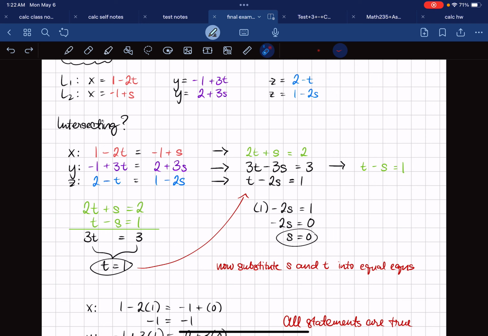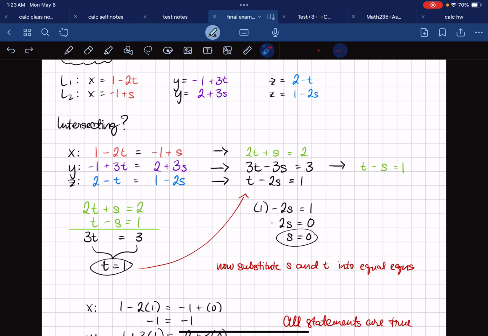What we're going to do is take two of these equations. It doesn't matter which two, but I happened to pick x and y. So I took this equation and this equation, and we're going to solve them simultaneously to find t and s.